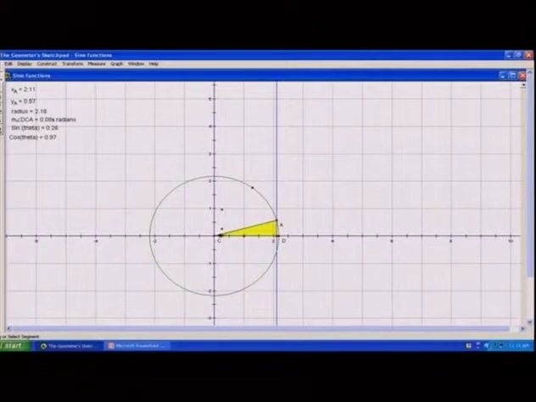I've constructed this right triangle within my circle, and what we're going to be graphing when we graph the sine and cosine function is this angle in relation to that ratio. For sine, that's the ratio between the length of this side and the hypotenuse, opposite over hypotenuse, remember.